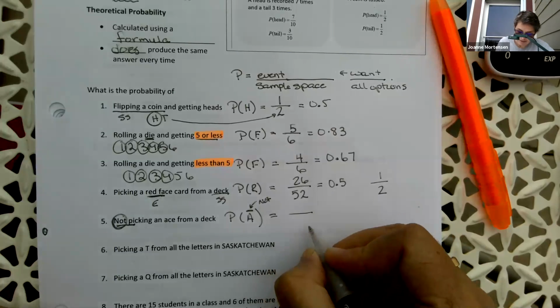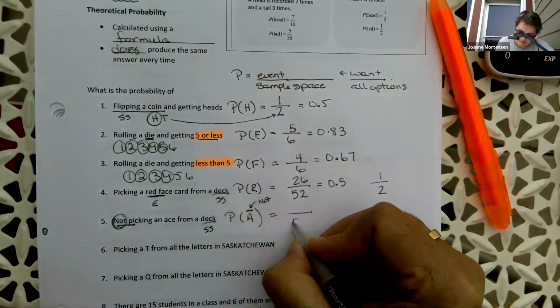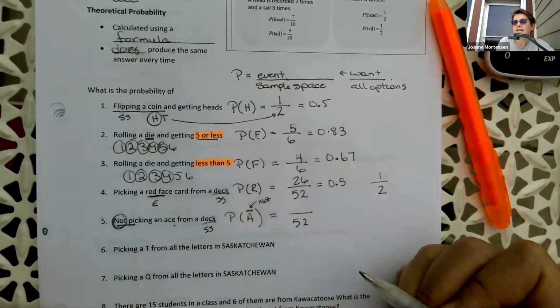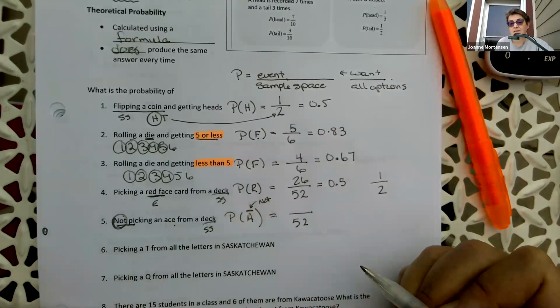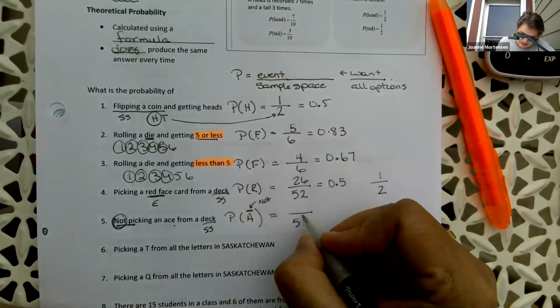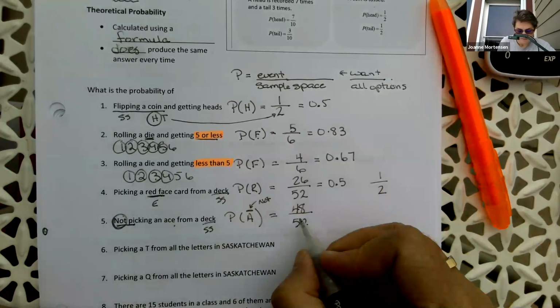All right, anyway, it's a deck, so there's my sample space right away. It's 52. Now, not an ace. Well, there are 52 cards, 4 of them are aces. That's going to leave me 48, right?